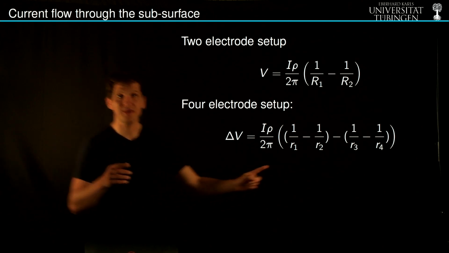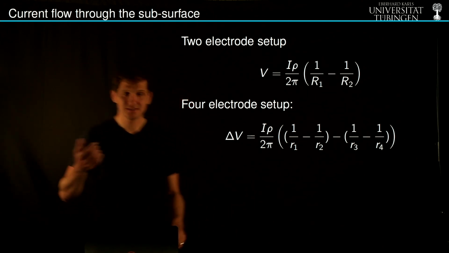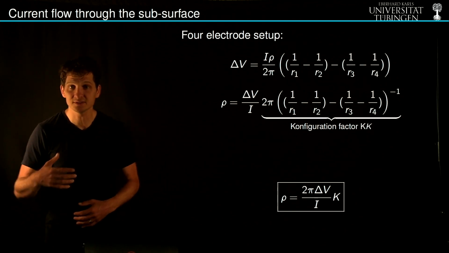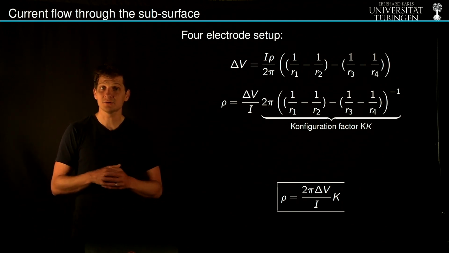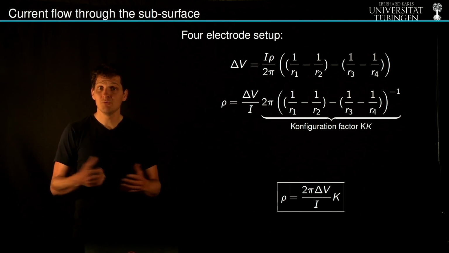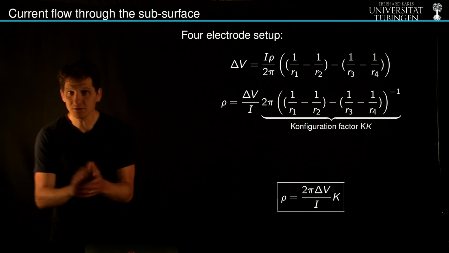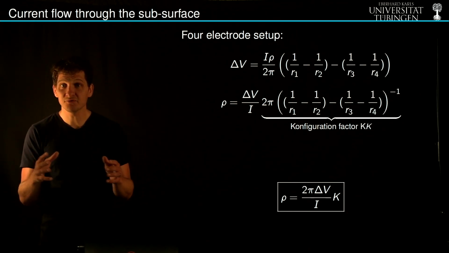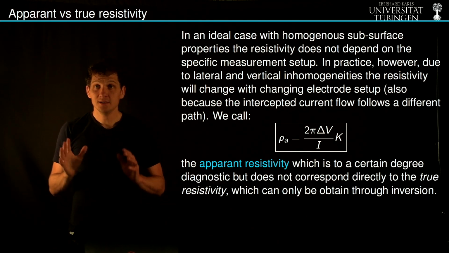And we call this factor here, which essentially quantifies the geometry of our electrode array at the surface, the configuration factor K, and we now arrive at a similar solution for the resistivity that now accounts for the 4-point measurement setup with the configuration factor K.